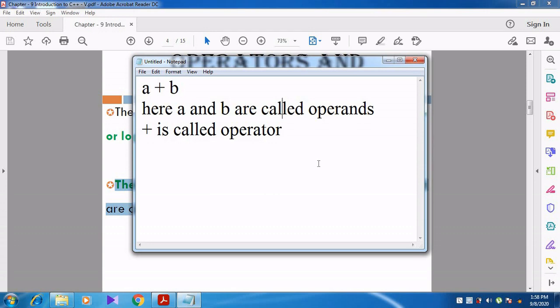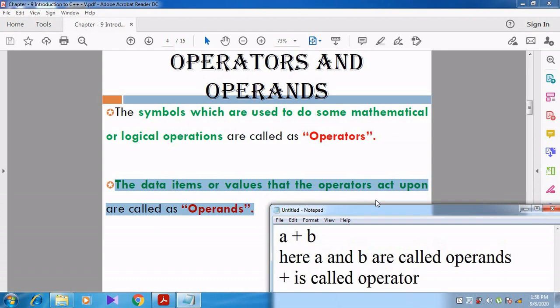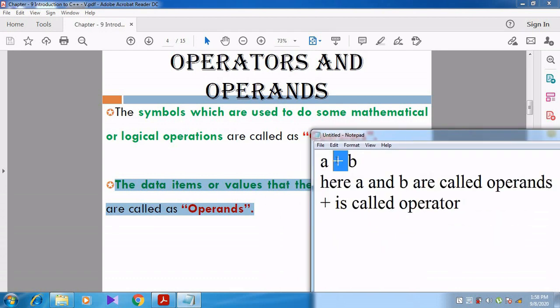How am I saying that? A and B are called operands, plus is called the operator. See the definition we just studied. Operator means a symbol which is used to do some mathematical or logical operation. So here plus is a symbol that is going to do the mathematical operation addition with A and B. So A and B should be added together, so plus is called the operator.